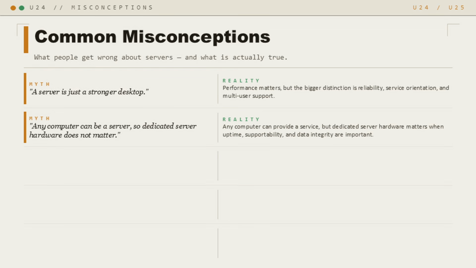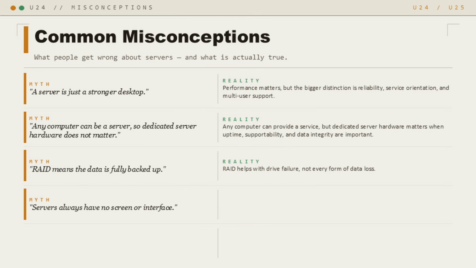Yes, any computer can provide a service, but dedicated server hardware matters when uptime, supportability, and data integrity are important. Myth number 3. RAID means the data is fully backed up. Not necessarily. RAID provides protection against drive failures, but it doesn't safeguard against all types of data loss.